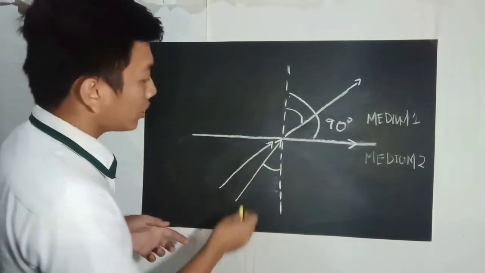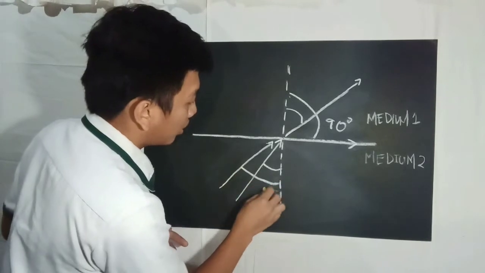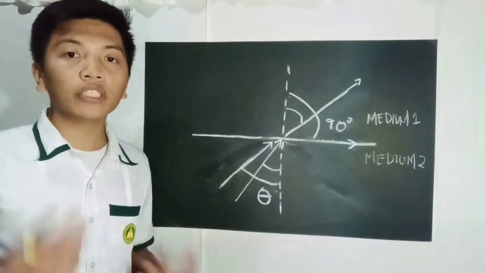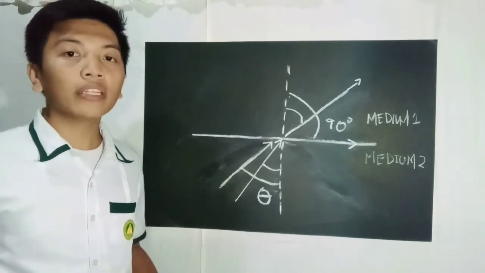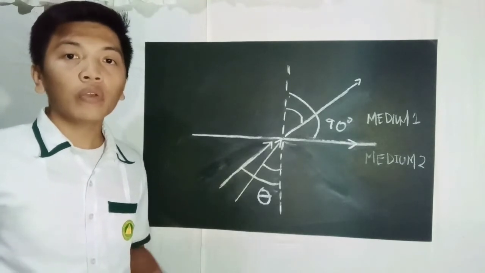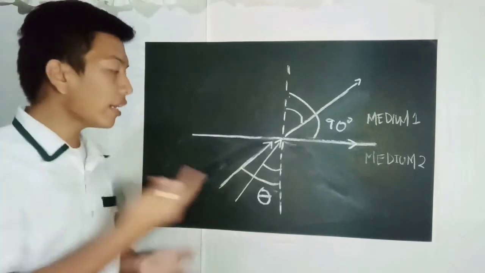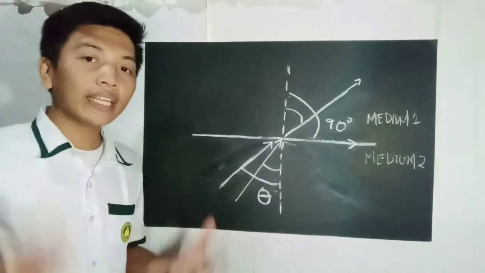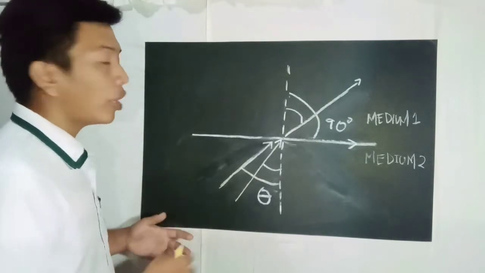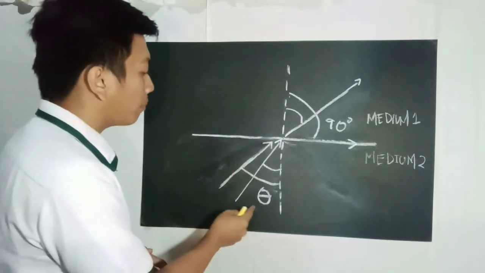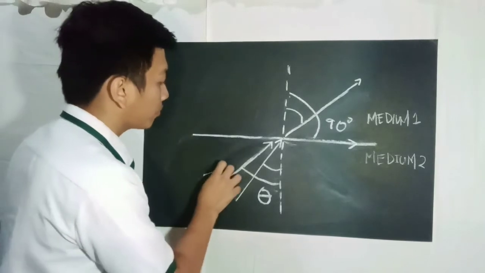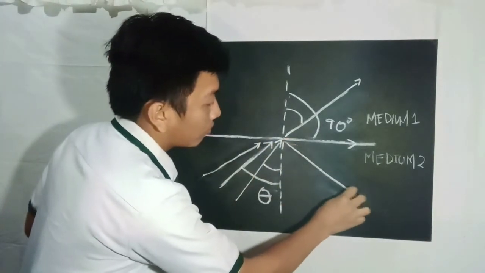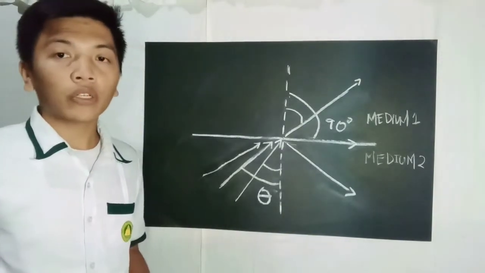And this is what we call the critical angle. So considering the second condition for a light to undergo total internal reflection, which says that the angle of incidence must pass through the critical angle, we can say that if the ray of light travels at an angle greater than the critical angle, total internal reflection may occur.